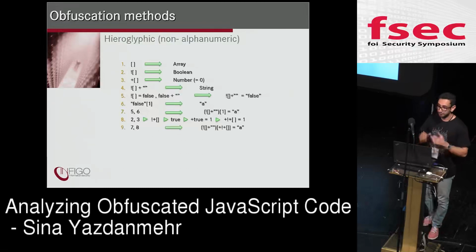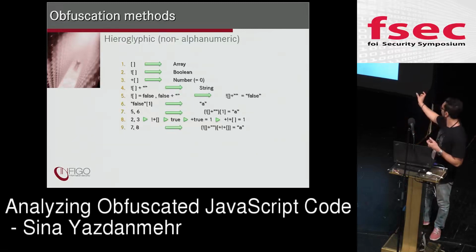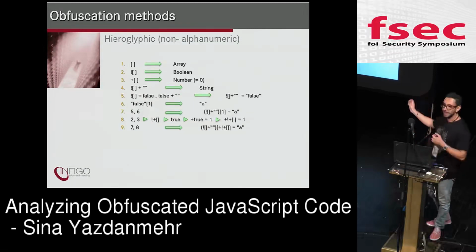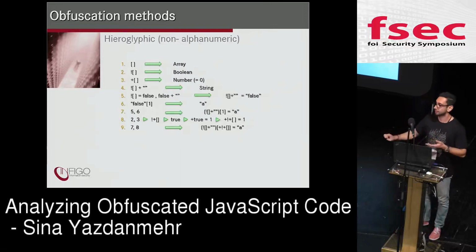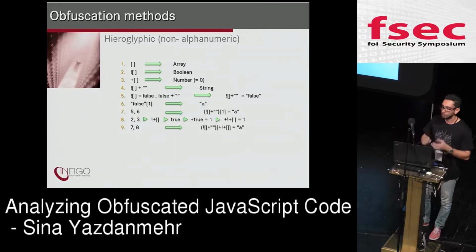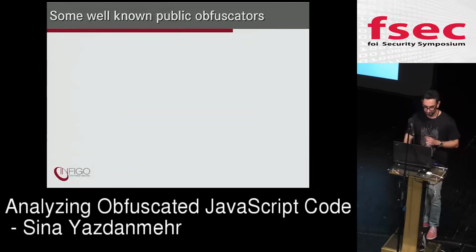So the final result will be this expression, a bunch of punctuation codes, which is equivalent to the A. So if we want to use this approach, we need to build each character one by one. So that's the reason why this method is not so useful.